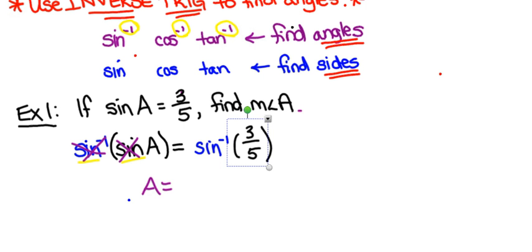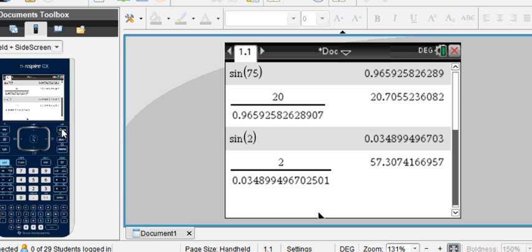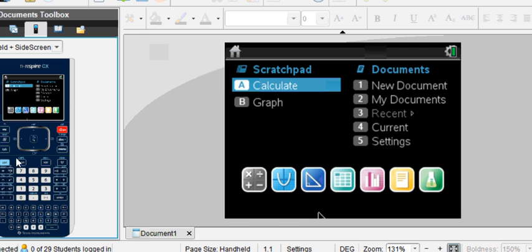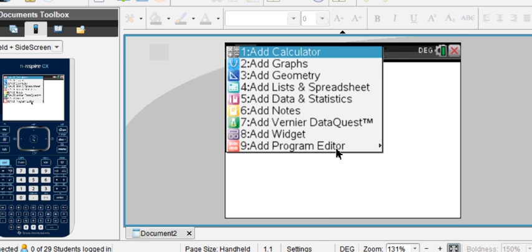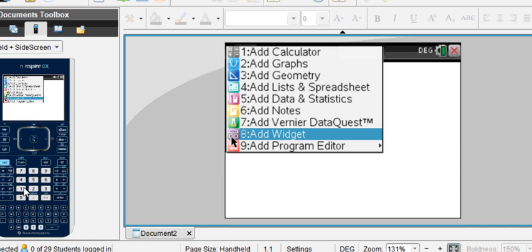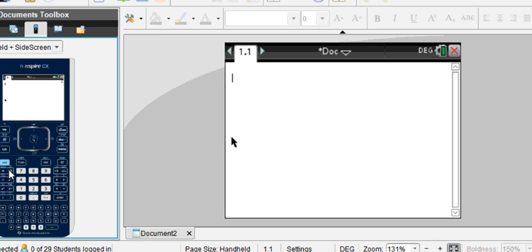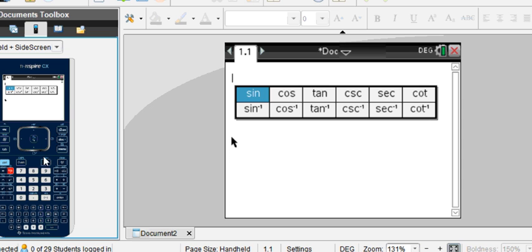And I'm going to calculate the inverse sine of 3/5 on my calculator. I think I'm going to go open up a new document just to clean things up. And this is where you're going to find inverse sine. You're going to find inverse sine in the same spot you find sine, cosine, and tangent. So here's our friend sine, cosine, and tangent that we've been using to find sides.